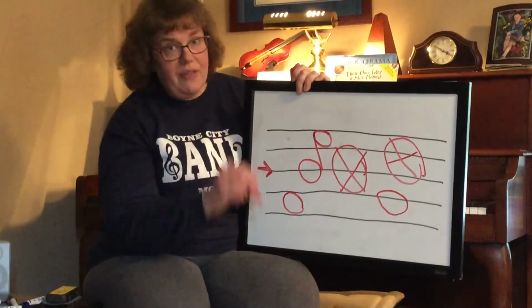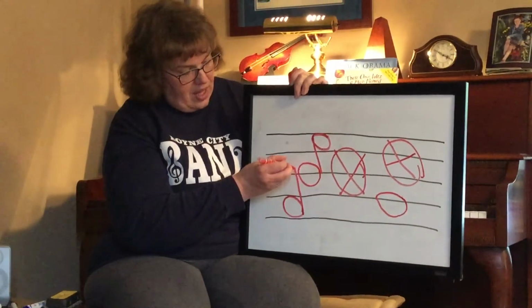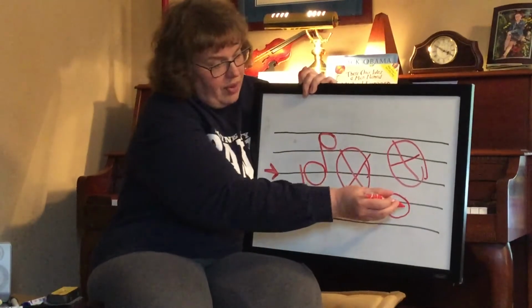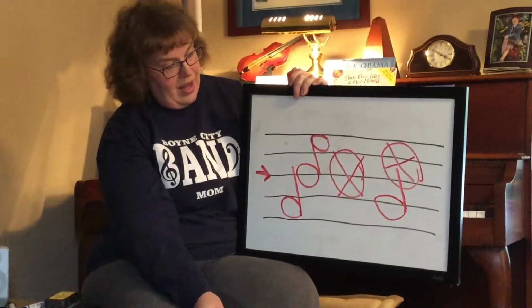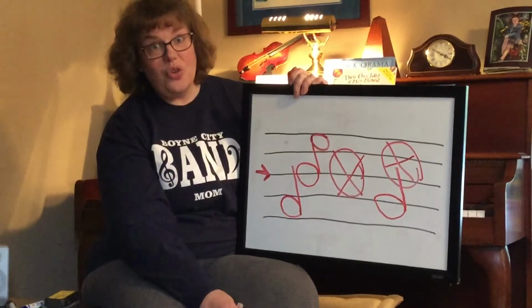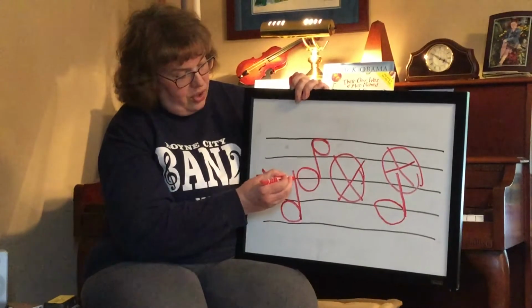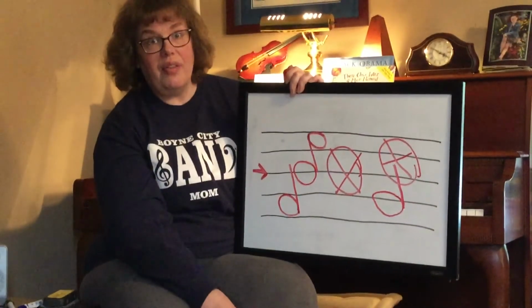Okay? If your notes are below the middle line, please draw your stem up on the right. And if your note is on the middle line, it's your choice. It could go down on the left or up on the right.